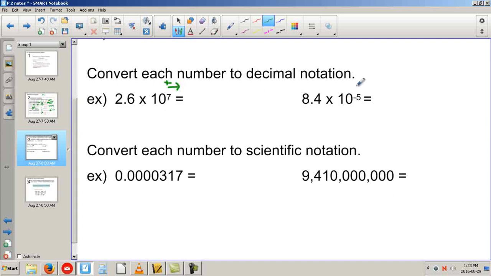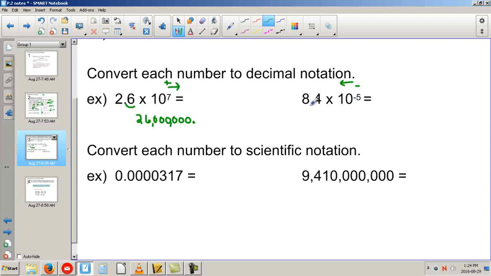Over here, where it's negative, I'm going to go to the left. So here that would make it 2, 6. That's the first move, right? 1, 2, 3, 4, 5, 6, 7, and put the decimal. Put some commas in there to organize, and it turns out to be 26 million.